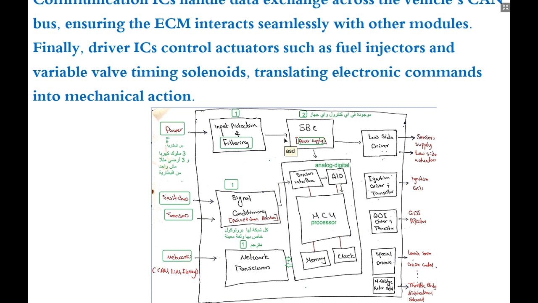After this input protection, we have SPC. This SPC is the power supply in the control. I can take current and voltage from the SPC because it's our power supply. We are going to talk about those components, and in the next video we are going to talk about the rest of them.